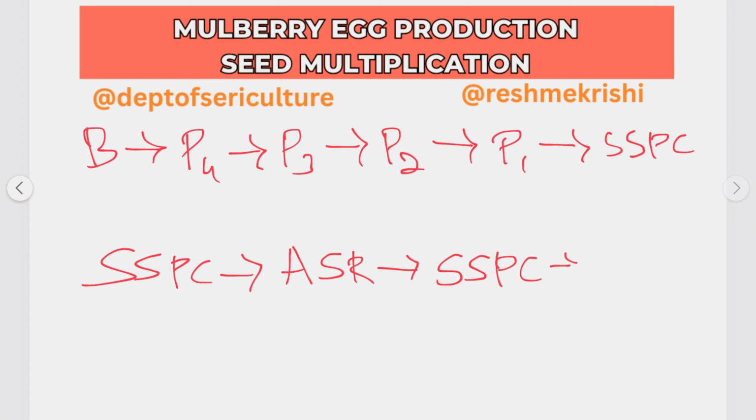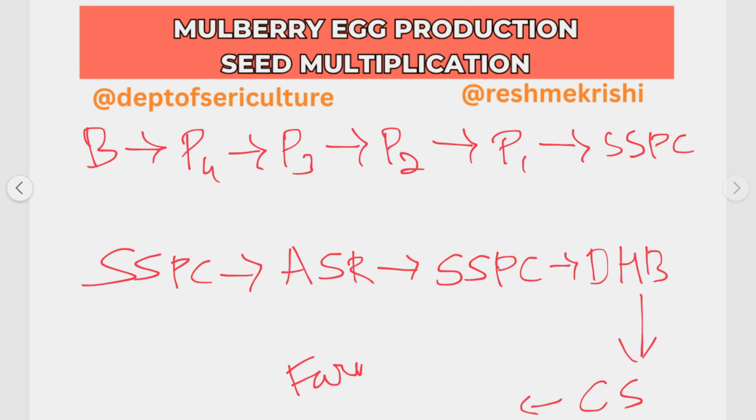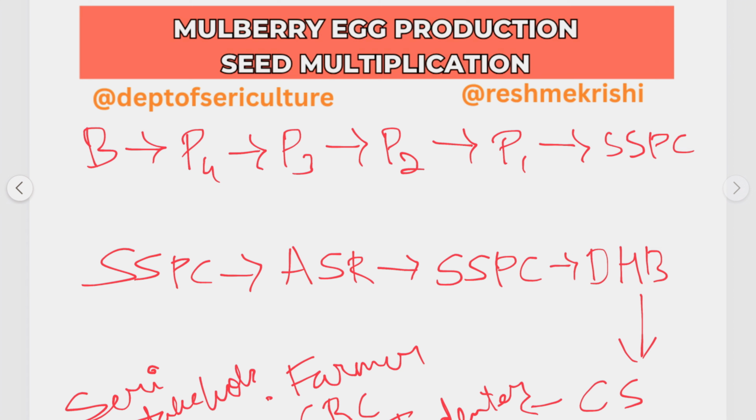Then SSPC prepares the double hybrids. These double hybrids will go to the cold storage. Then from the cold storage it will be given to the farmer or CRC or any indenter or stakeholders, sericulture stakeholders. So this is how mulberry egg production or seed multiplication works.